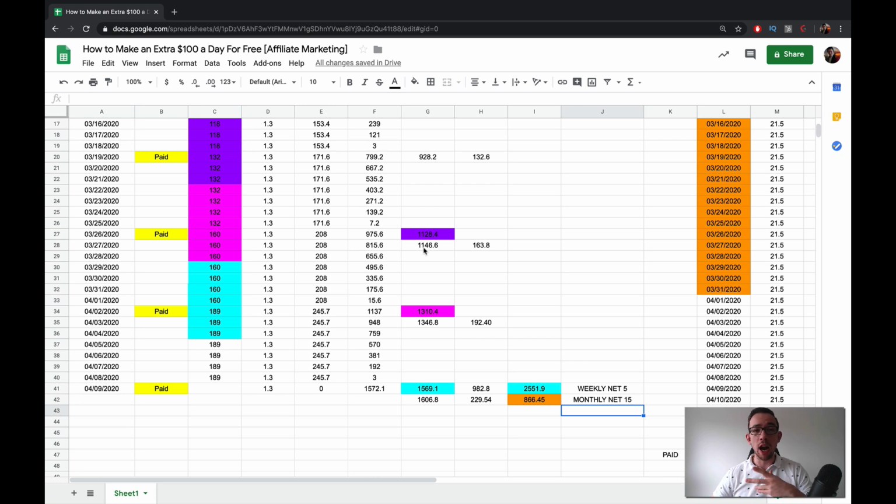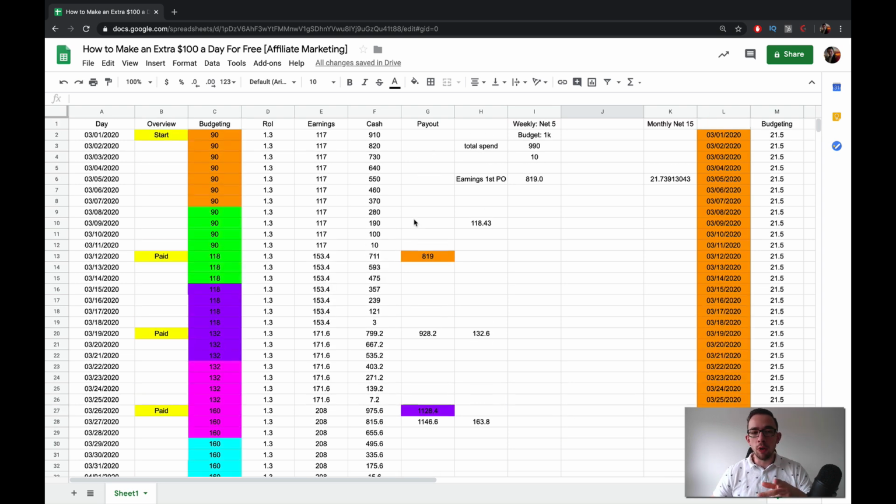That is basically how we make like literally up to $1,000 a day for free by leveraging average cash flow based on payout dates from advertisers, networks, and obviously in this scenario the ROI would be stable.